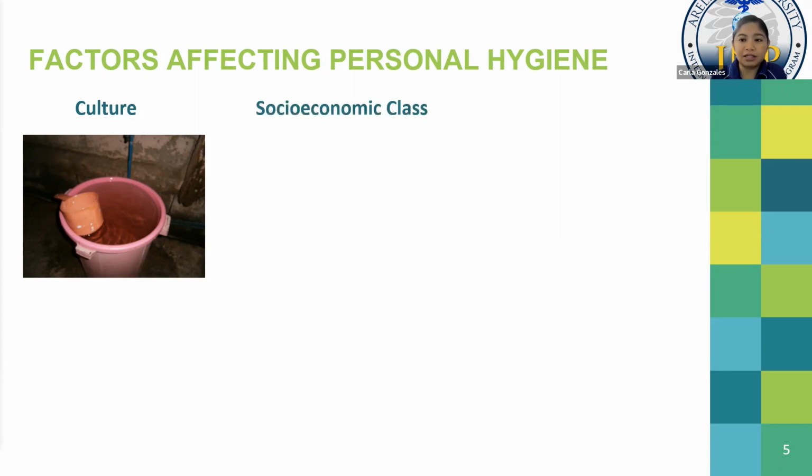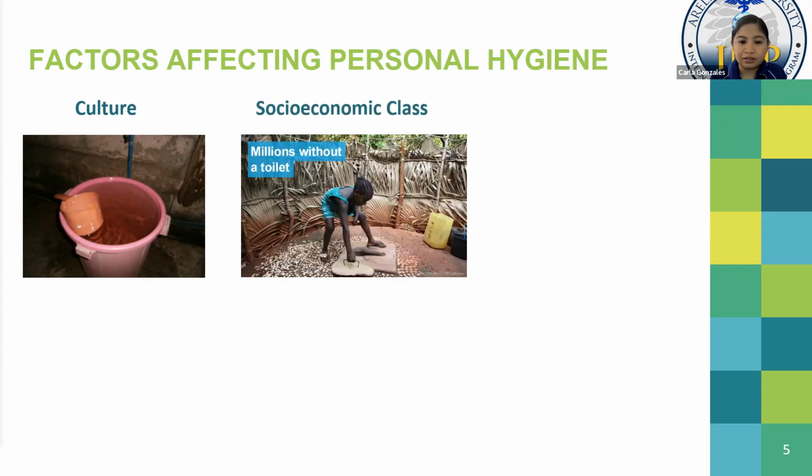Okay, another one. It's already on the screen. So socio-economic class. Financial resources could also define the hygiene options available to people, and could highly impact their personal hygiene.